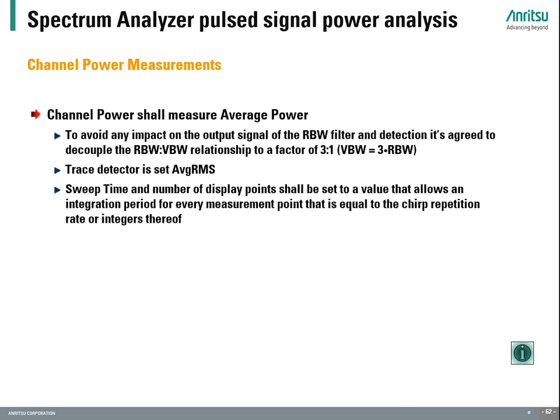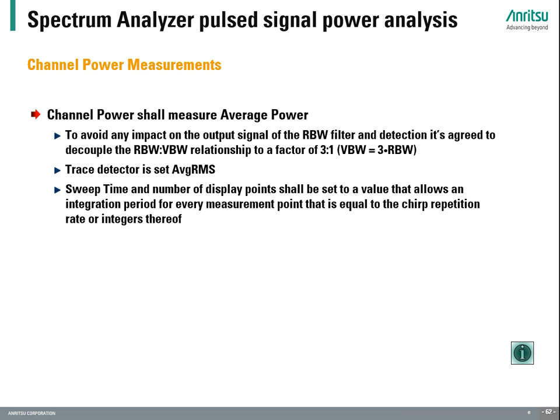Channel power is meant to measure average power in a selected bandwidth. You need to observe some important topics. For best accuracy, the RBW should be small compared to the integration bandwidth. To avoid any impact on the output signal of the RBW filter and detection, it is agreed to decouple the relationship RBW to VBW to a factor of 3/1.